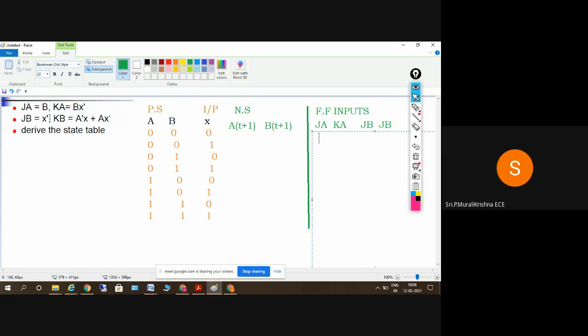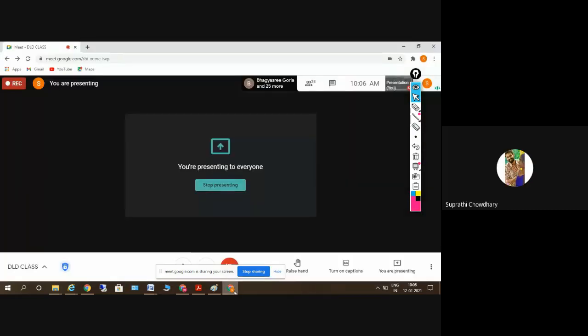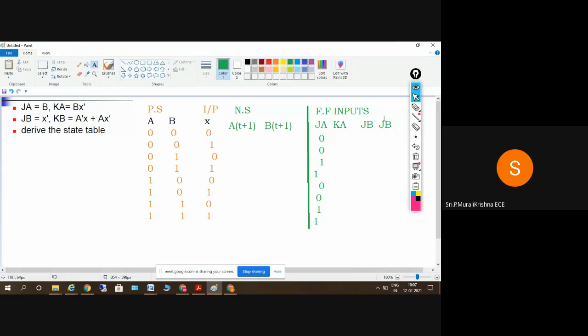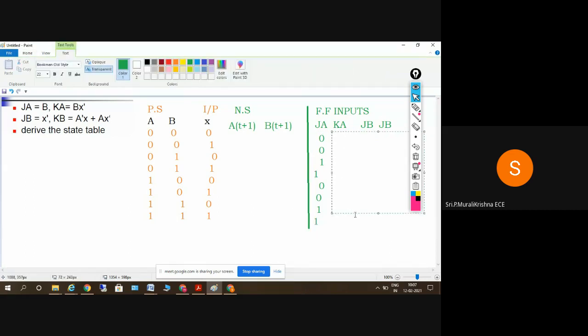JA is equal to B. So we'll be writing the values of B here: 0, 0, 1, 1, 0, 0, 1, 1. So these are the values of JA. What are the values of KA? B X bar. So what are the values of B here?